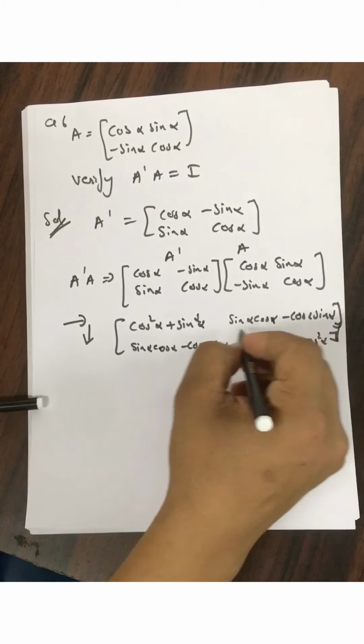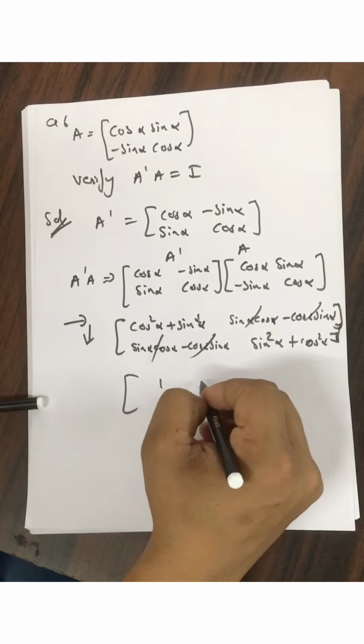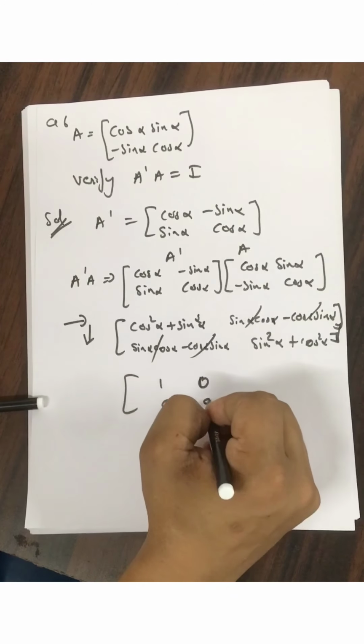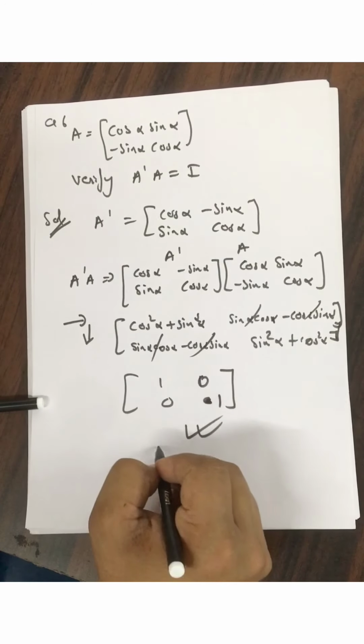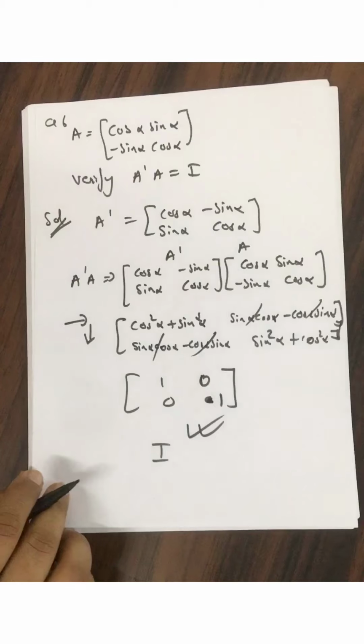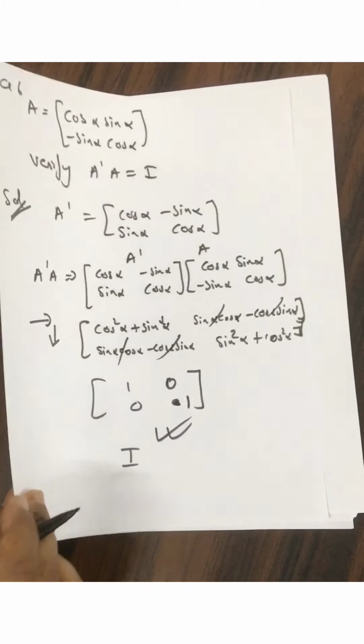This cancels with this. So this is 1 and this is 0, 1 and 0. Oh, sorry, this is 0. Hurry spoils curry. So this is your matrix I. Remember, diagonal elements are 1. Got it? Let's move on.